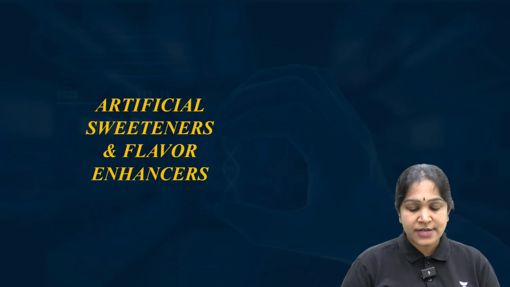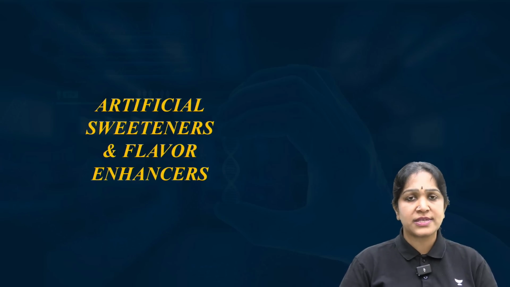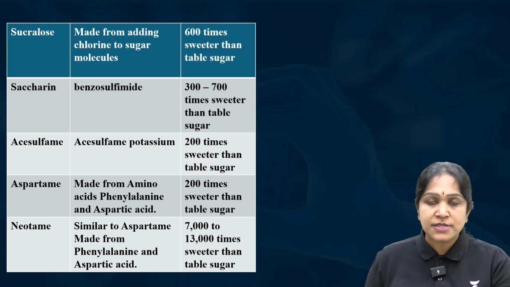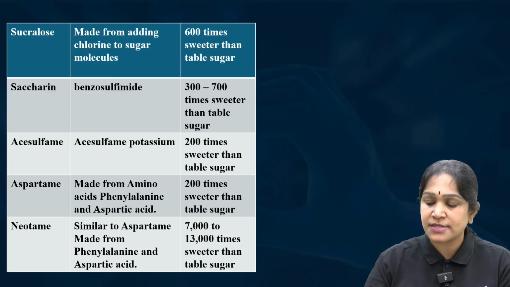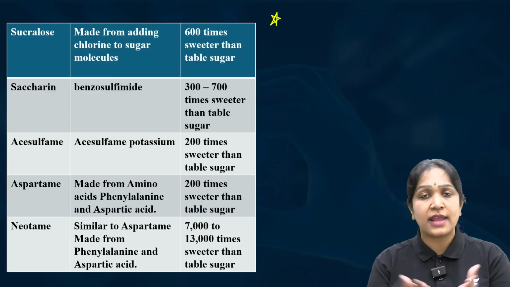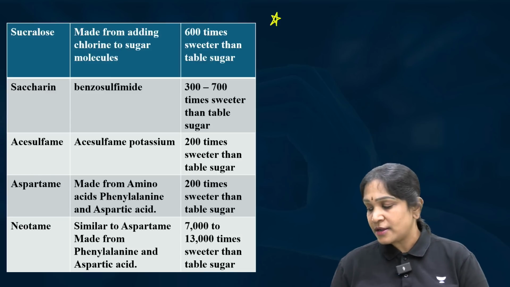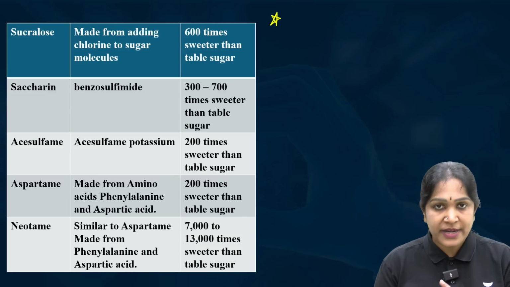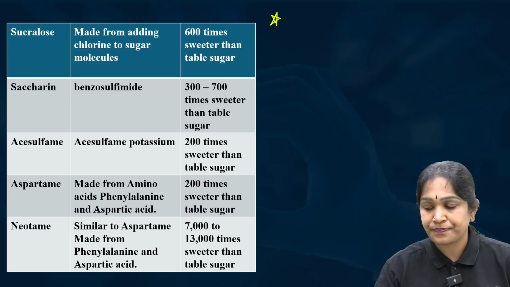Now let us try to understand the artificial sweeteners. Nothing to explain in this. This is a list of artificial sweeteners. Important, anytime you can get this in any competitive exam, and particularly in the UPSC as well. Artificial sweeteners. What does it mean?